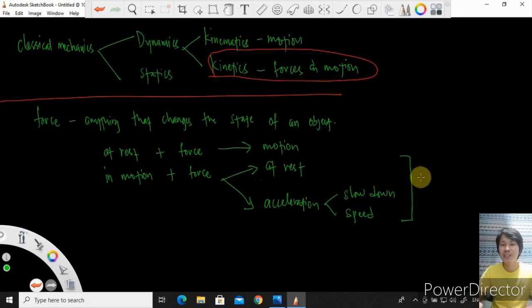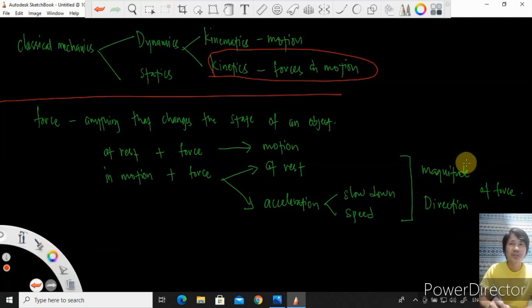It will all depend on the magnitude and direction of the applied force. Okay? Tingnan nyo to, class, may nakita akong magnitude and direction. So automatic na yan.